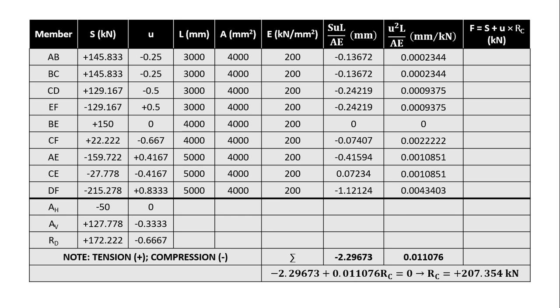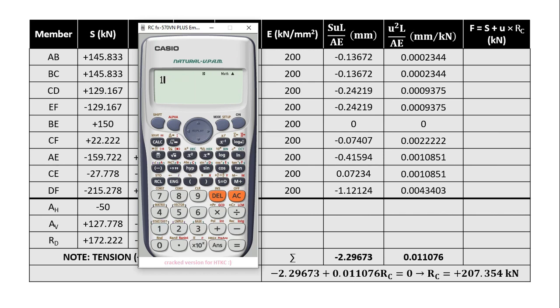Okay, to get the values of the bar forces and the reactions, we have what? Yung second column na S plus the product of the third column na U times the magnitude of the redundant RC na nakuha na natin as 207.354. So very careful tayo sa paggamit ng sign. Okay, we have 145.833 plus negative 0.25 times 207.354.